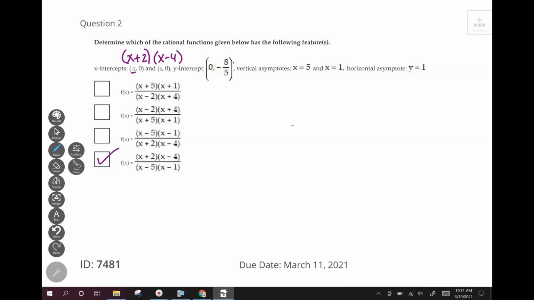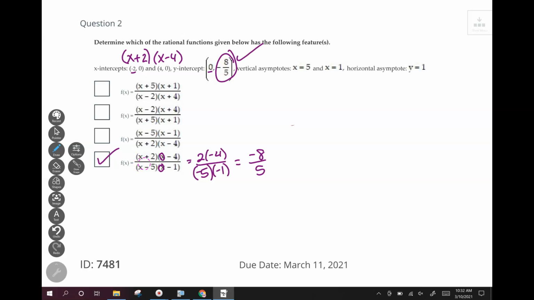The y-intercept is going to be where x equals 0, so if I plug in 0 for all of the x's, I get 2 times -4 over -5 times -1. That gives me -8 over +5. So again, that one's correct.